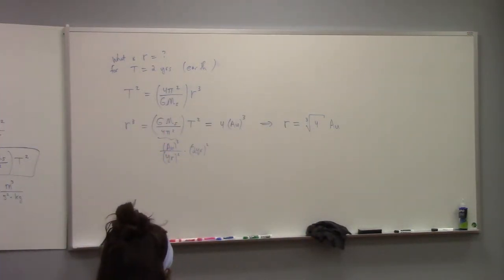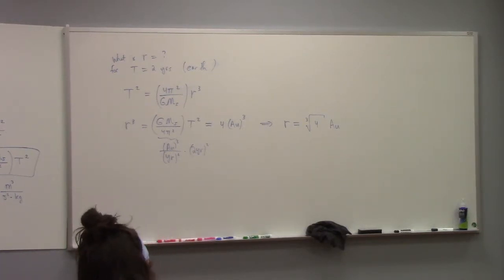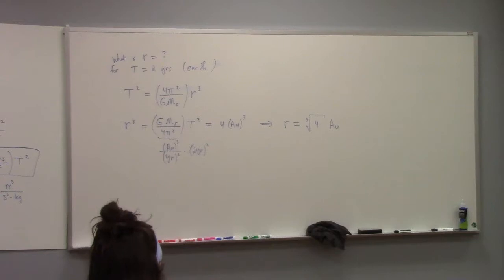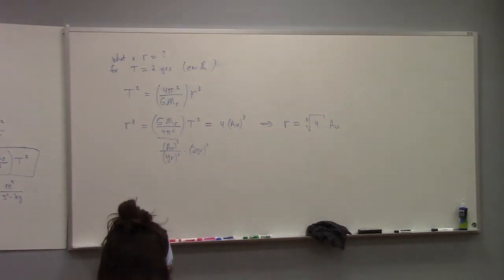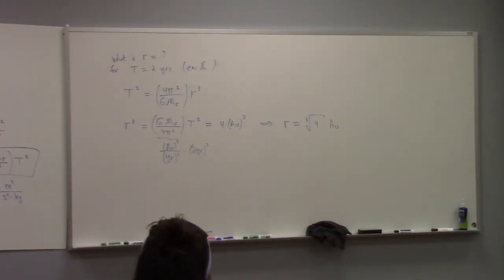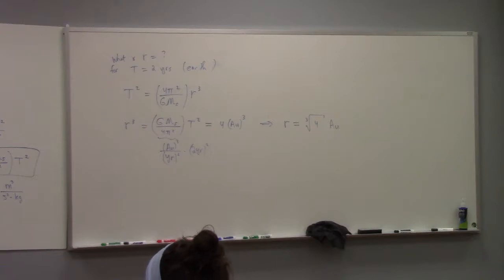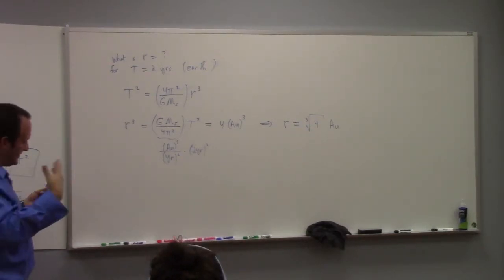So if I want to find a planet whose year lasts twice as long as the Earth's year, I need to look at an orbit the cube root of 4 times the Earth's orbit away from the center, where the sun is.